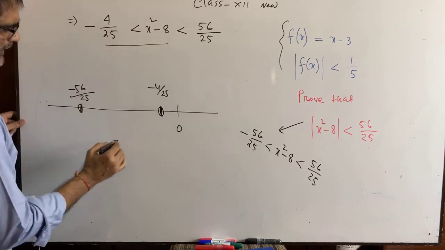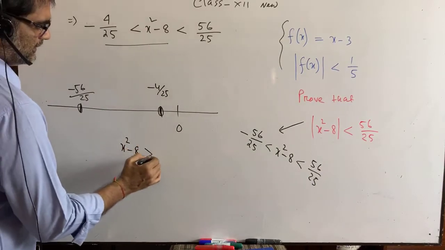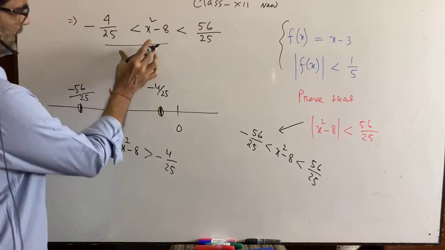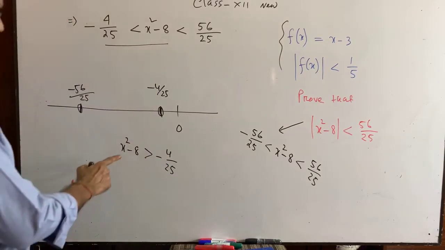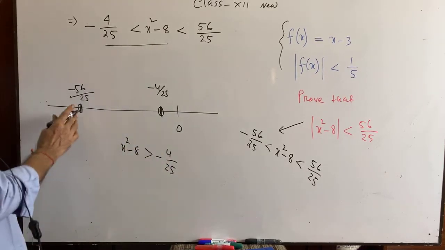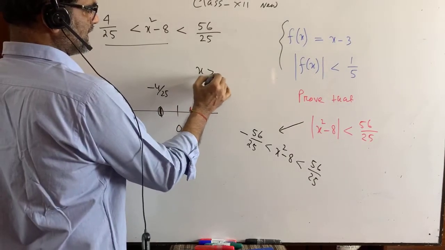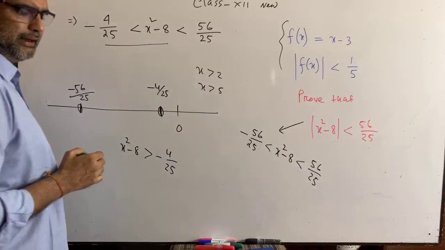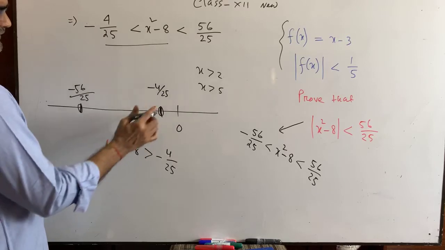It is meant that x square minus 8 is greater than minus 4 by 25. It means this. That means if this is greater than this, so it is definitely greater than this. That means if x is greater than 2, that means x is also greater than 5. Am I right?